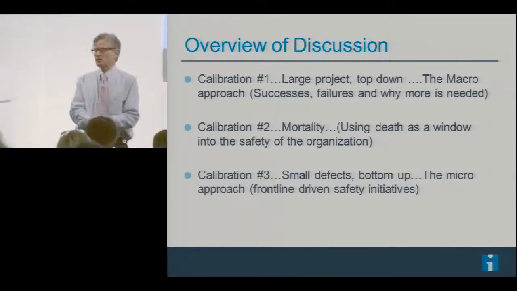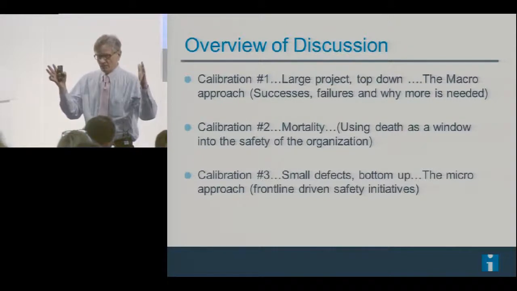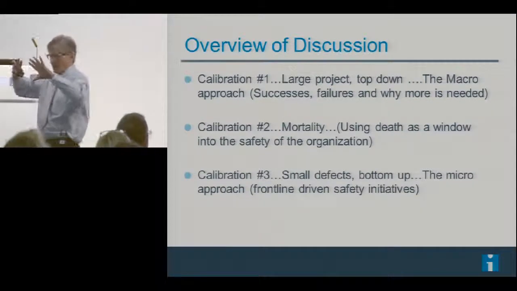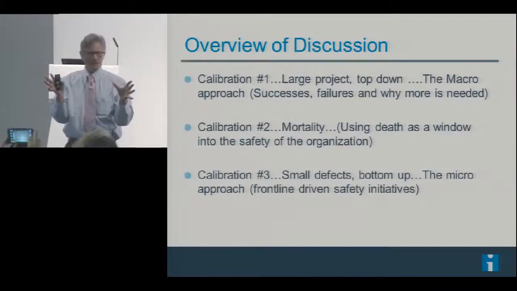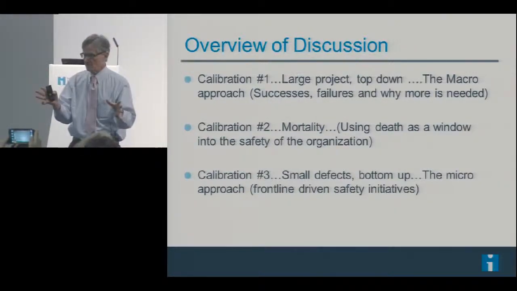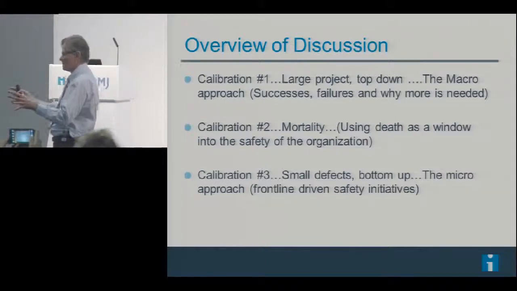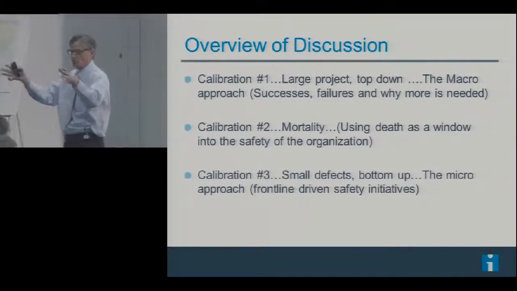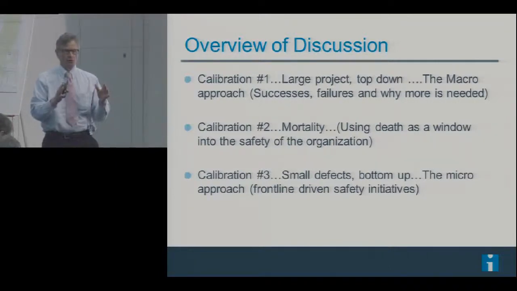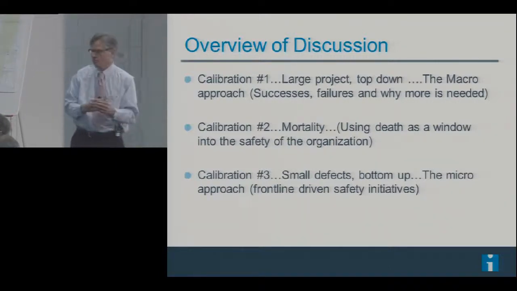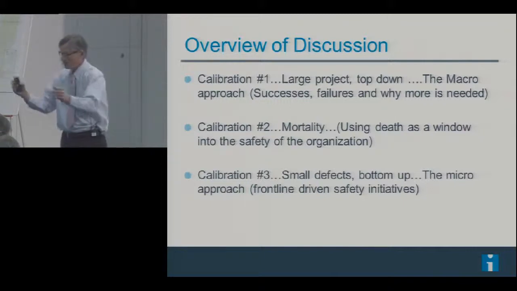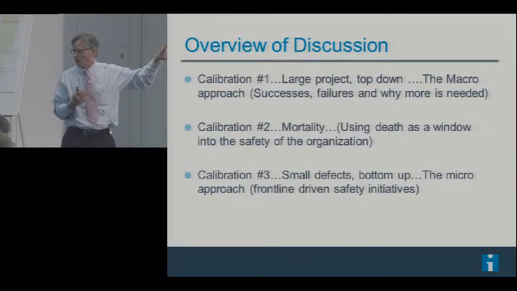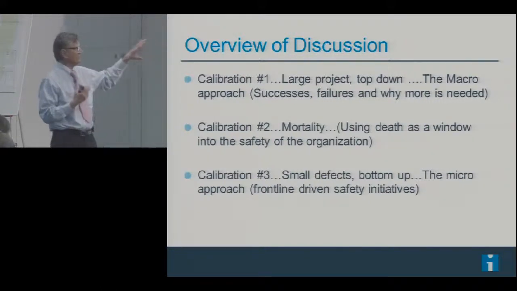So calibration number one is the large project. The large project is noted by one major attribute, and that is it's a top-down project. It's something that leadership says we're going to do. Those of you who have worked on nosocomial infections, those of you who have worked on central line problems, those of you who have worked on narcotic overdoses, whatever it is, those tend to be very large projects, very top-down.